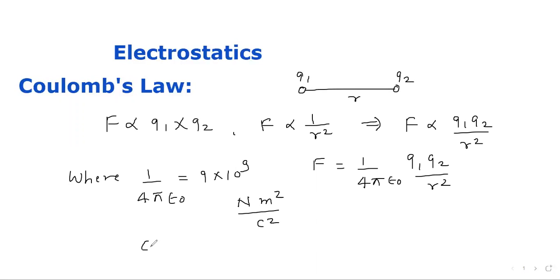And epsilon naught is 8.85 into 10 to the power minus 12, and the unit is just the reverse of 1 upon 4 pi epsilon naught. That is Coulomb square divided by Newton meter square.